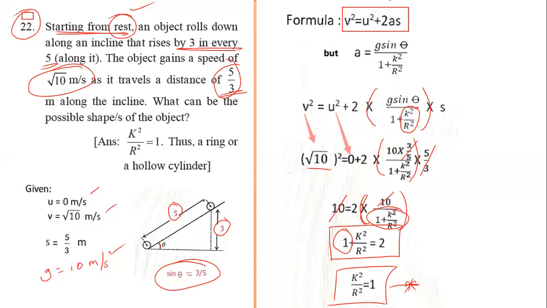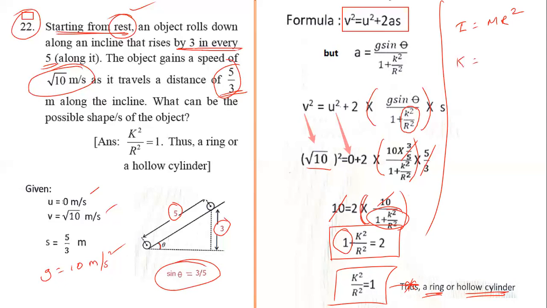And k square by r square is 1 for an object like a ring or hollow cylinder. So therefore the object is a hollow cylinder. Now how is it 1 for this? You know that for a ring, the moment of inertia is mr square. So k we can write as root of I by m.